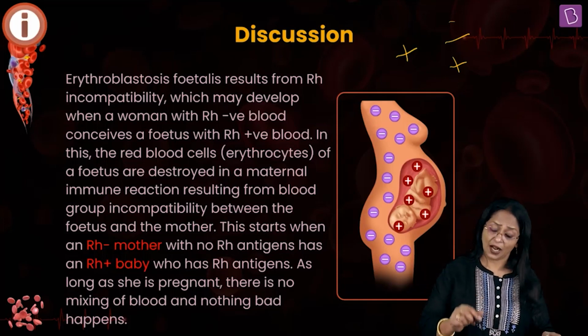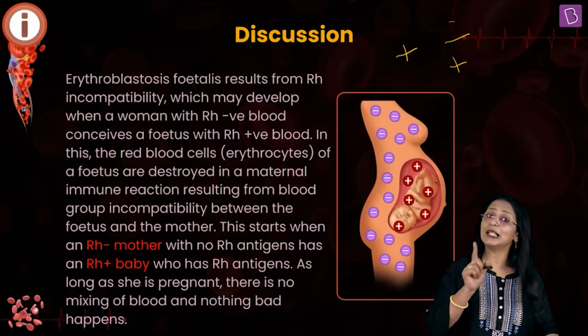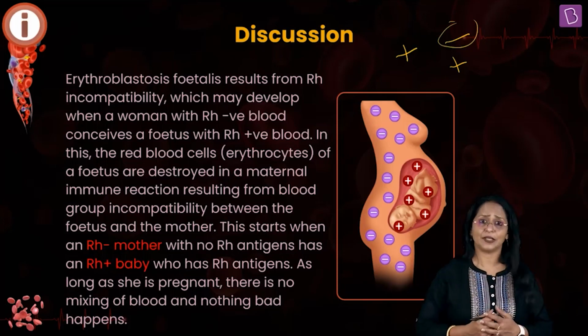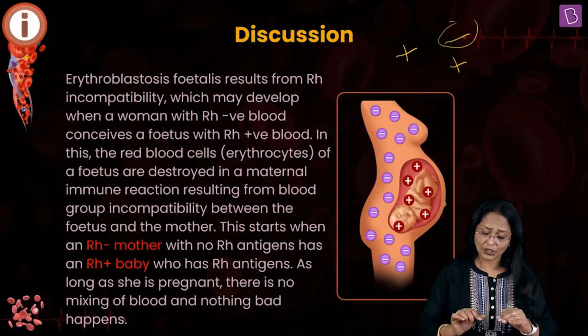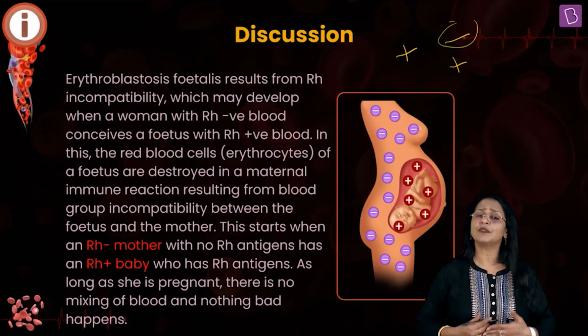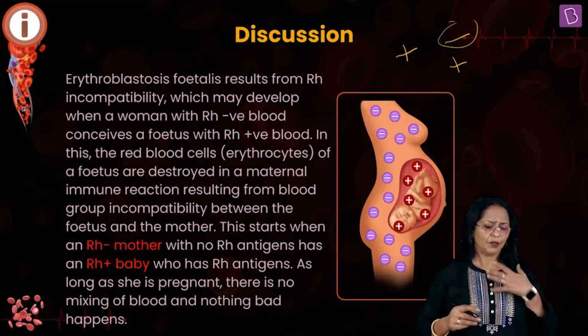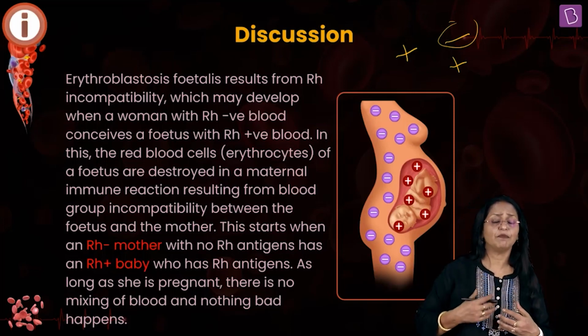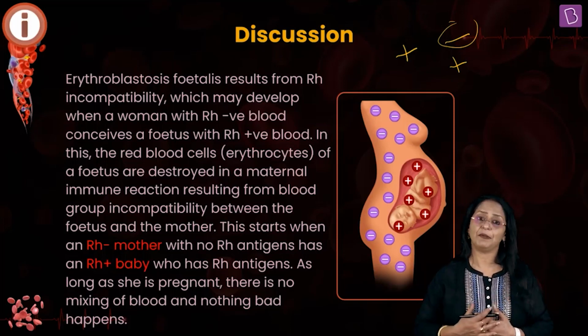The fetus is Rh positive, that means it has the Rh antigen. The mother is Rh negative, so she does not have the Rh antigen. So no harm is going to happen to this Rh positive baby in her womb, because there is no mixing of the antigen factors of the blood of the mother and the baby.